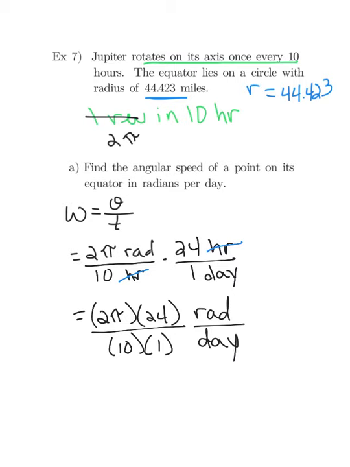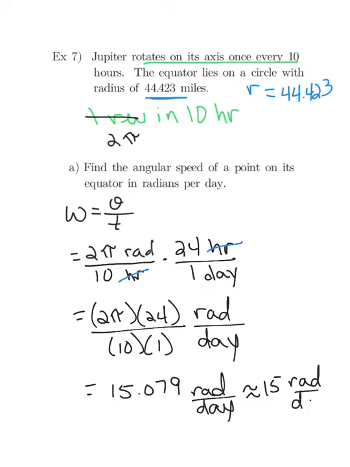Now we need to do the calculation on this, and we get 15.079 radians per day, but we need whole numbers, so it's about 15 radians per day.